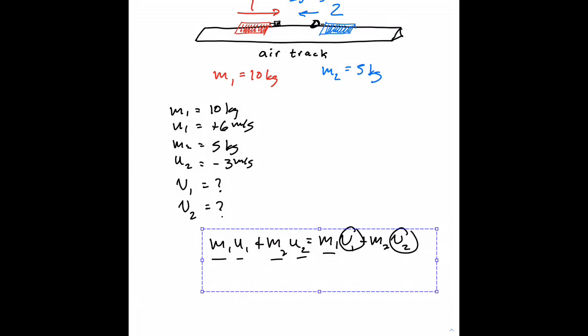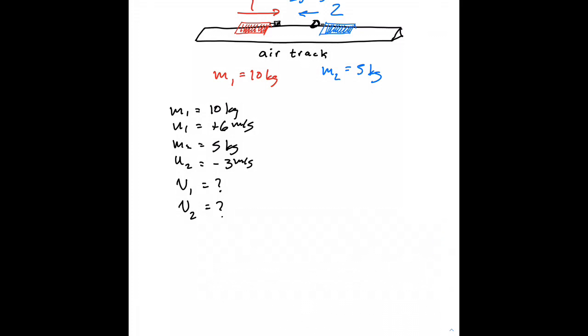So I'm going to have to give you some value and make up a hypothetical and say, what if we know the final velocity of one of the two objects after the collision? So let's just make up a final value and say that the final velocity of object number 2 is 1 meter per second after the collision.